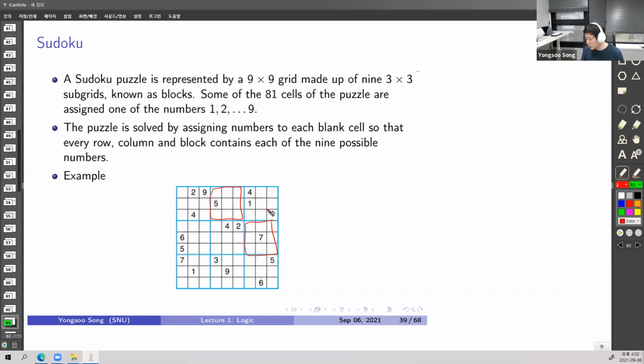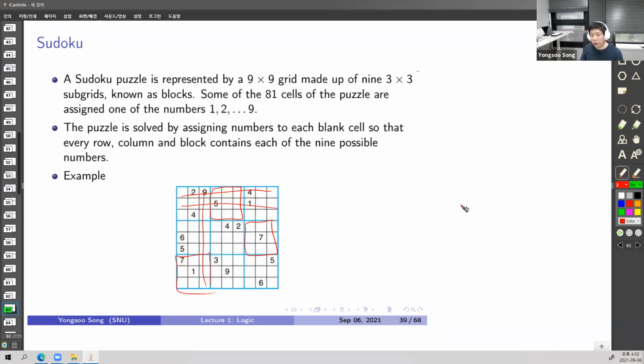So how can you solve this puzzle? What you have to do is basically assign numbers to each blank cell so that every row, every column, and every 3 times 3 block contains exactly one of each of the 9 possible numbers, 1 to 9. So this is an example of Sudoku.